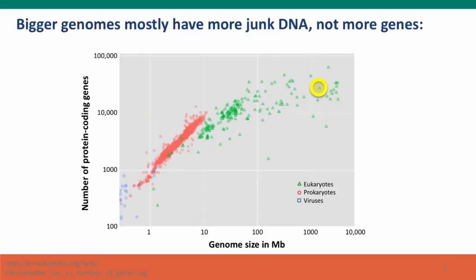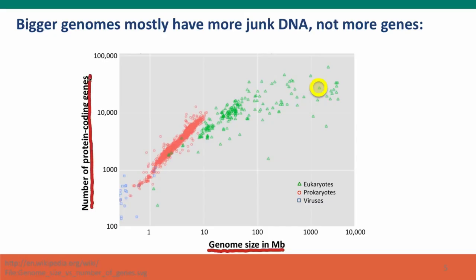Now, this leads us to thinking for a minute about, well, how big are genomes? What determines how big genomes are? So this is a graph that on the x-axis has the size of the genome of many different organisms, viruses, bacteria and archaea, eukaryotes, the size of their genome, and the number of protein-coding genes.